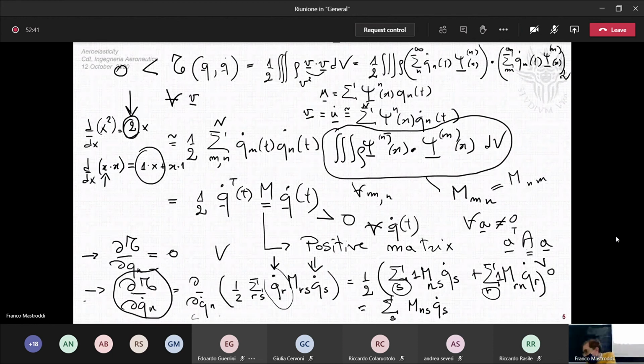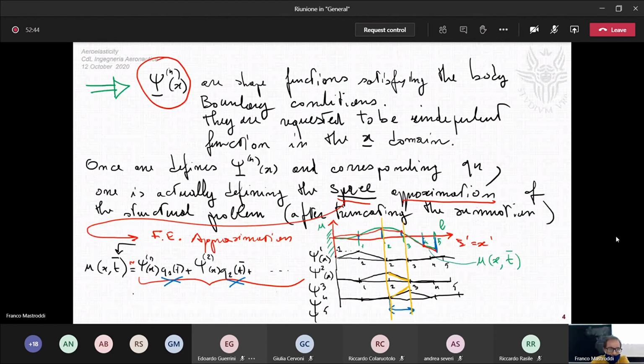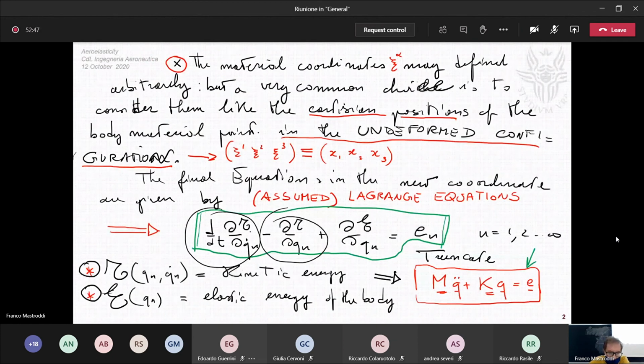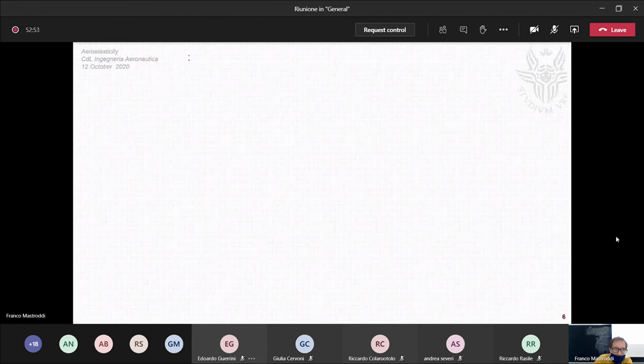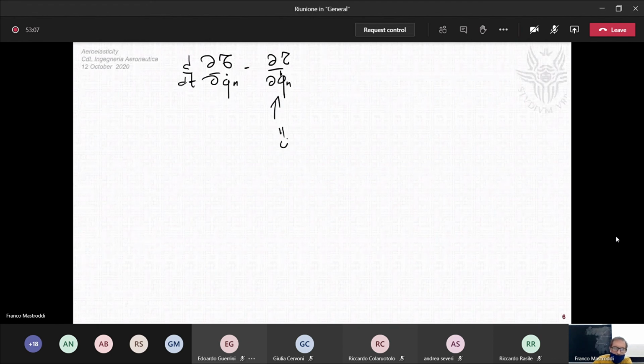And finally, I conclude my lesson. Taking this time derivative, at the end, the derivative with respect to time of the derivative of T with respect to Q dot n, minus the derivative of T with respect to Q_n, but this term is identically equal to 0, is the summation over s of M_ns times Q double dot s.